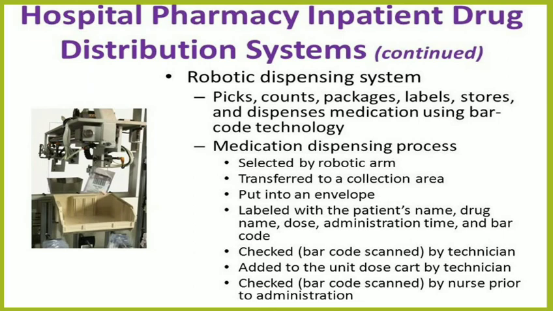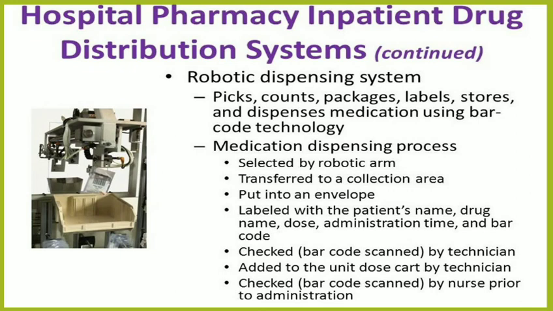In the medication dispensing process, robots select the medication by robotic arm, transferred to a collection area, then put into an envelope labeled with the patient's name, drug name, dose, administration time, and barcode.